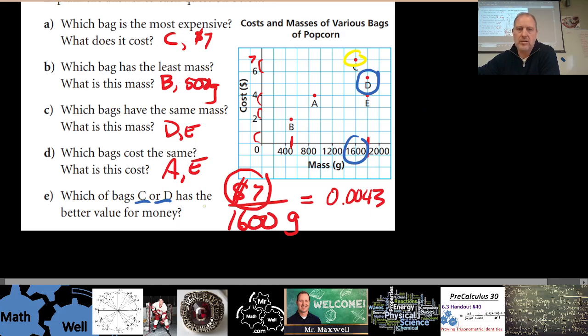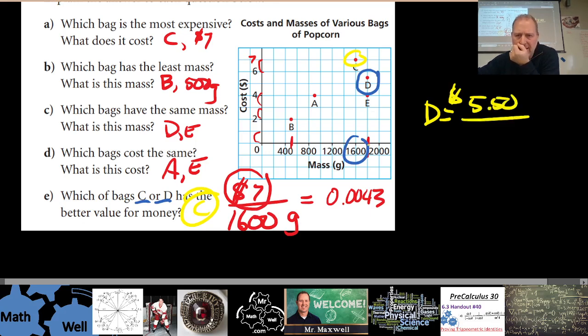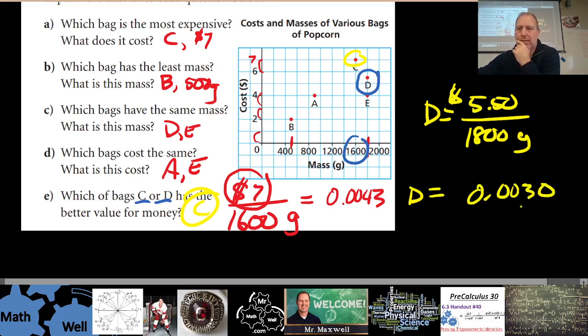That's the C. So D, this is C. D is, this looks like what? 550? 550 divided by 1,800 grams. So what's that one? 0.003? Yeah, 305.